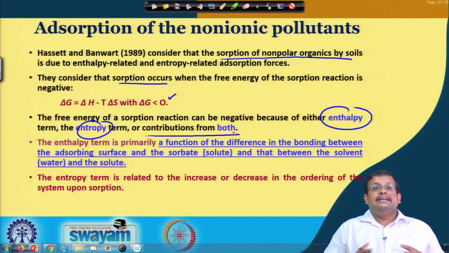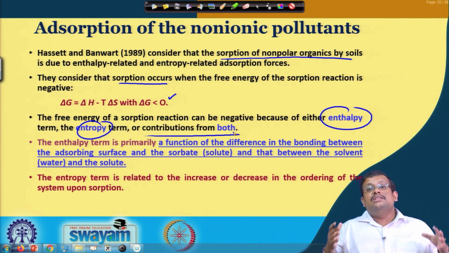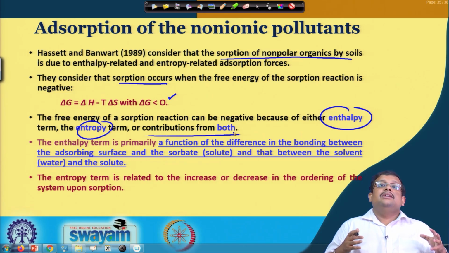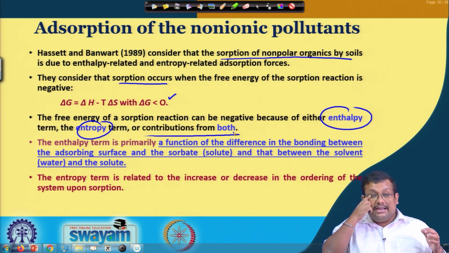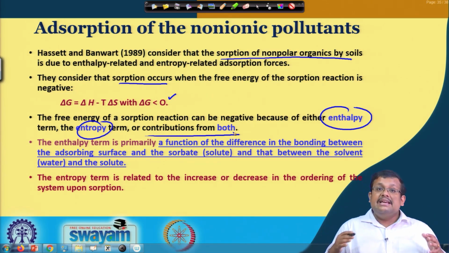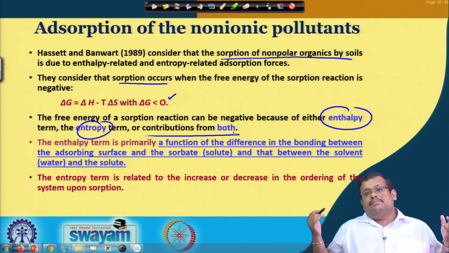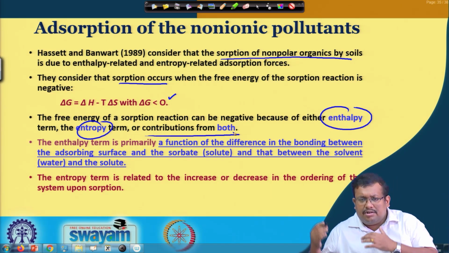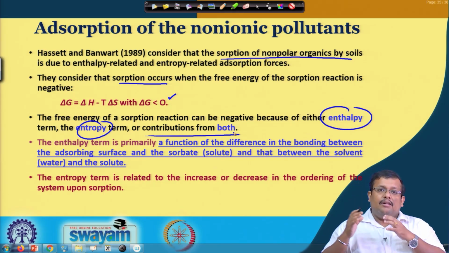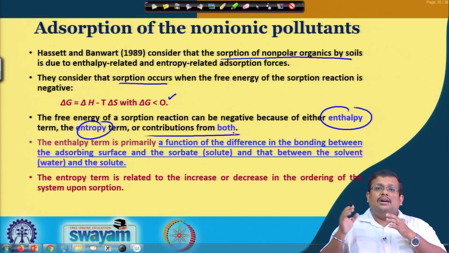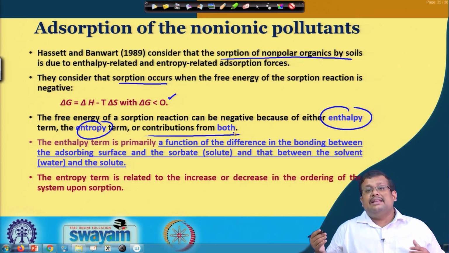Remember that sorption occurs only when the free energy of the sorption reaction, delta G, is negative, and this can be due to an enthalpy related process, an entropy related process, or a contribution from both.